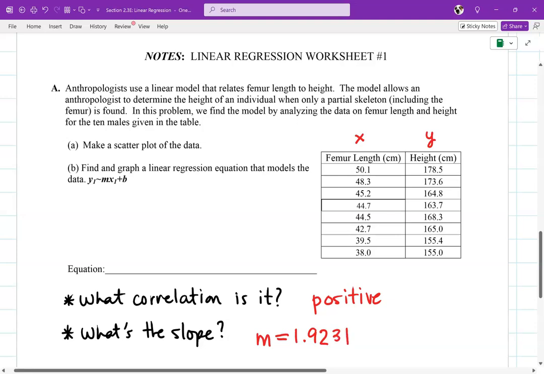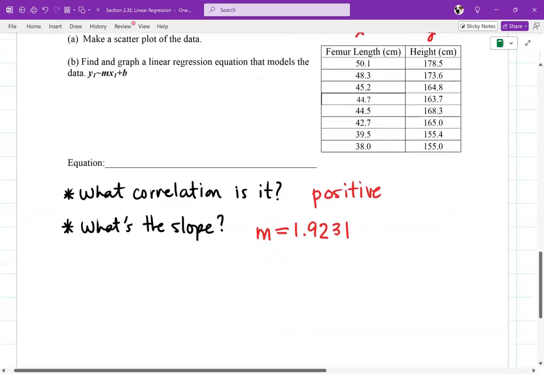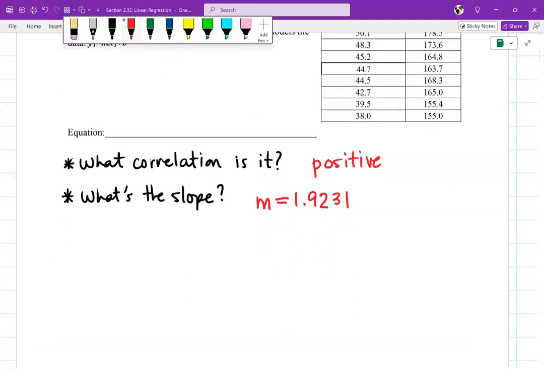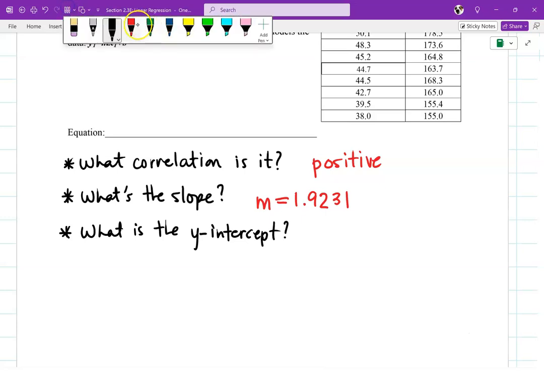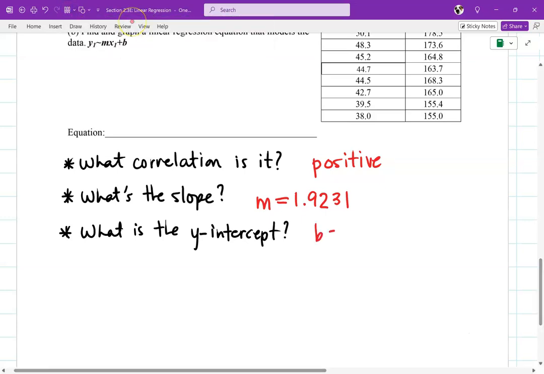We're good. All right, and then they're going to ask you, what is the y-intercept? So that's b. B would be 80.6809. Then they say, what's the equation?